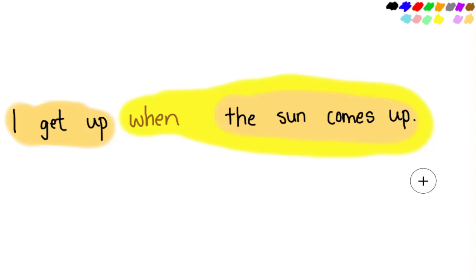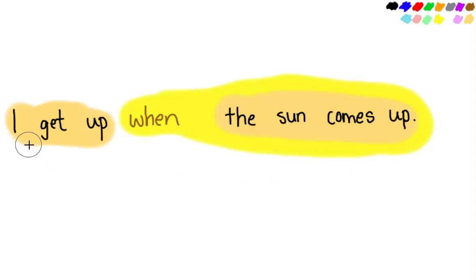So now this, when the sun comes up, is a subordinate clause, and you know it's a subordinate clause because it's starting with this subordinator or subordinate conjunction, when. So I get up when the sun comes up. So this is one sentence, but now it has two clauses.